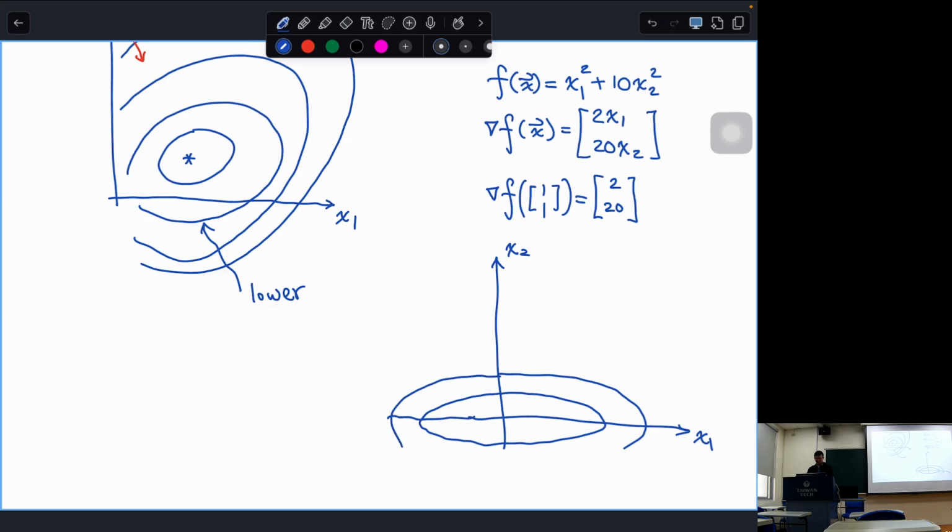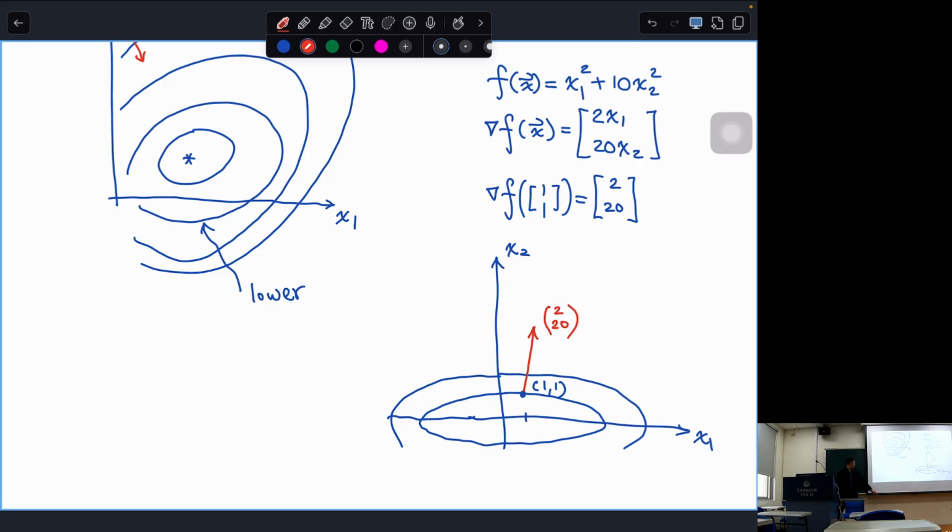Here is the position of 1 and 1, and the gradient will look like this; this vector is 2 and 20.